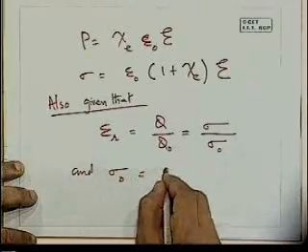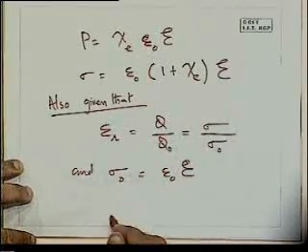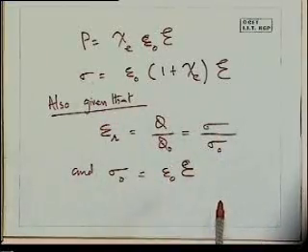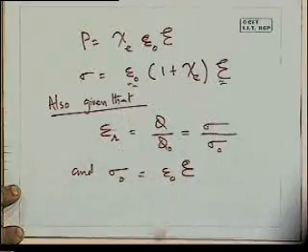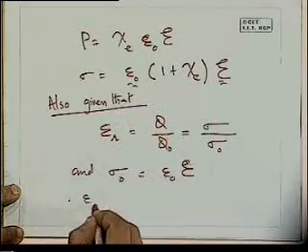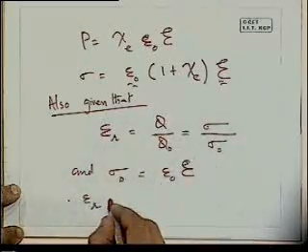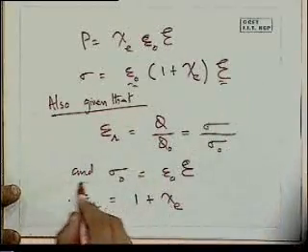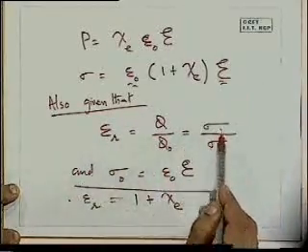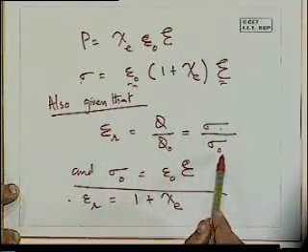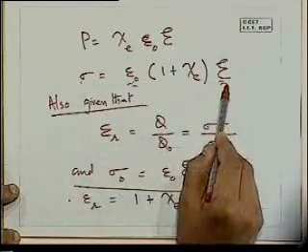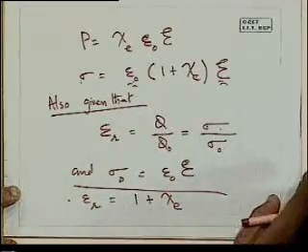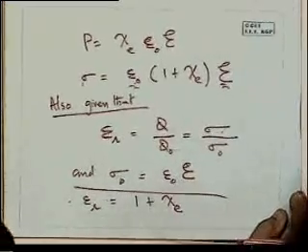And sigma naught is equal to epsilon naught E. Substitute for sigma in terms of epsilon r sigma naught, and you can substitute for epsilon naught E in terms of sigma naught here. And so you can get then epsilon r is equal to 1 plus chi E.